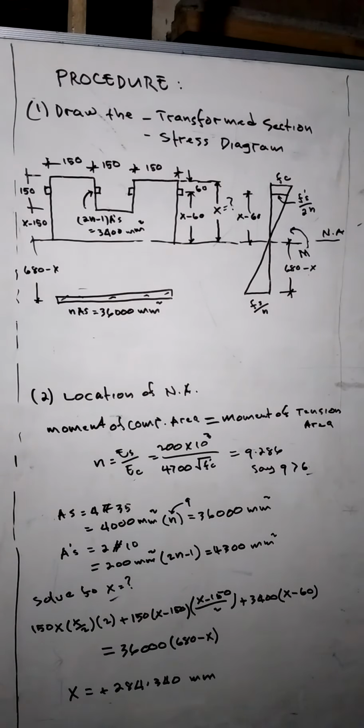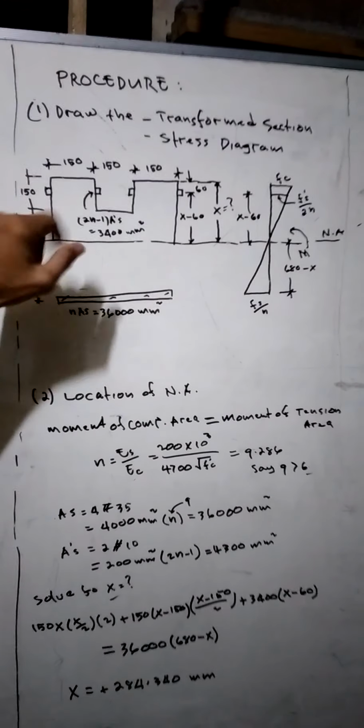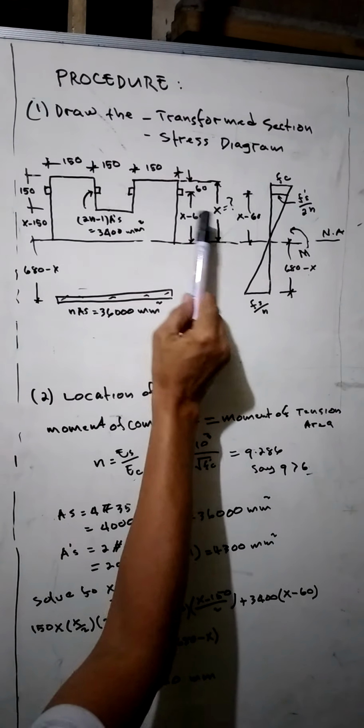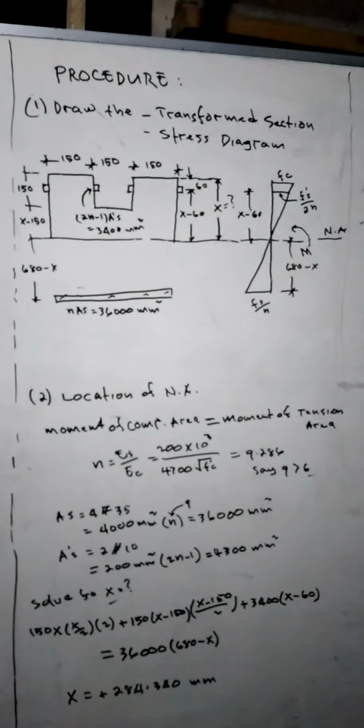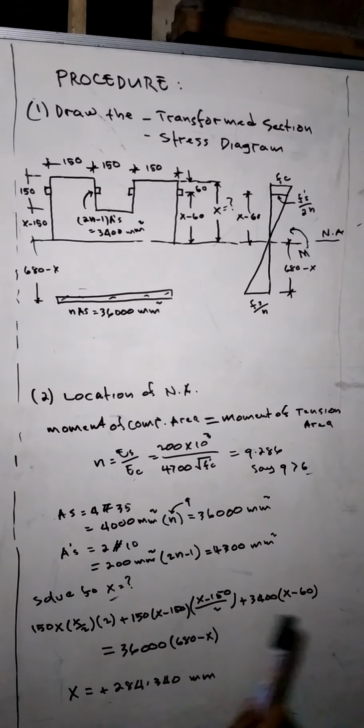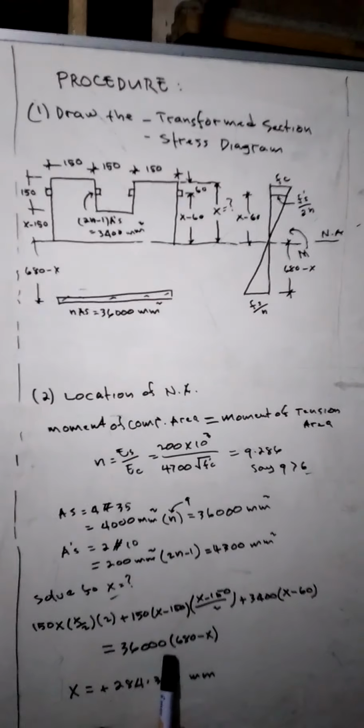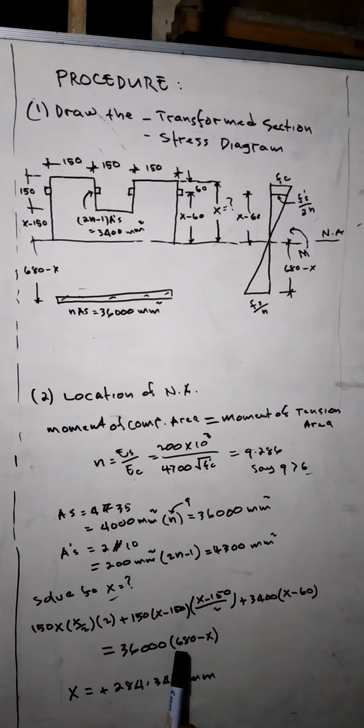Then plus the transform area of the compression bar, 3400 times x minus 60. And these are equal to this, 36,000 times 680 minus x.